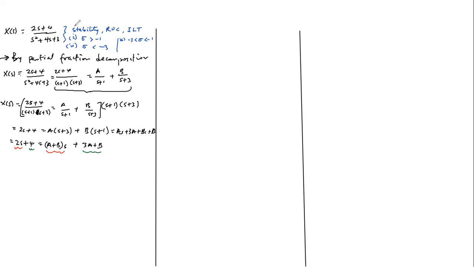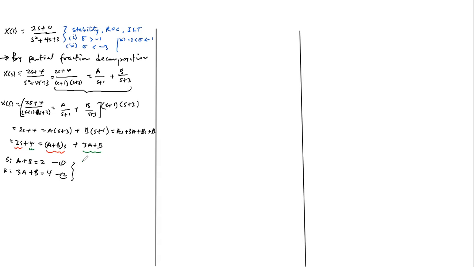So, collect like terms such that for parameter s, we have a plus b is the same as 2. For the constant, which is 4, 3a plus b is equal to 4. So this is equation 1, this is equation 2.